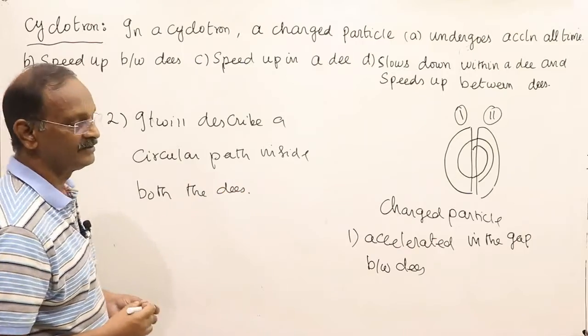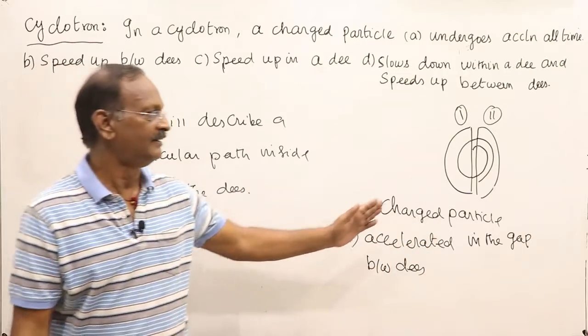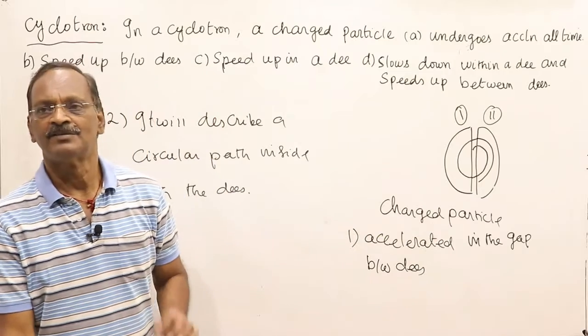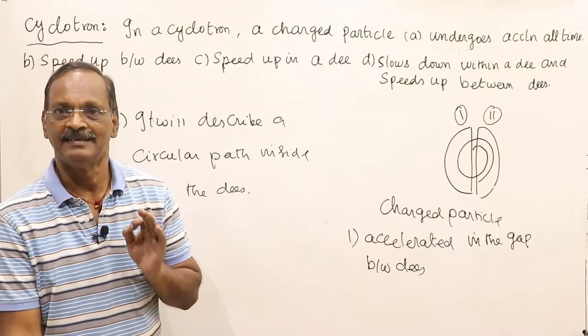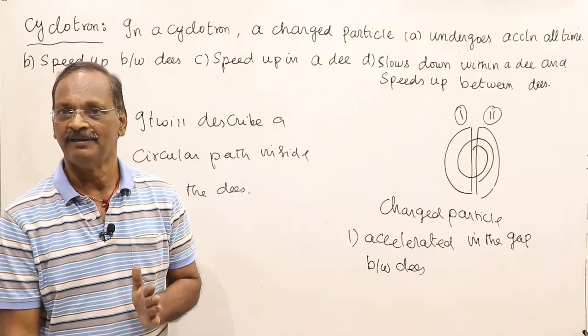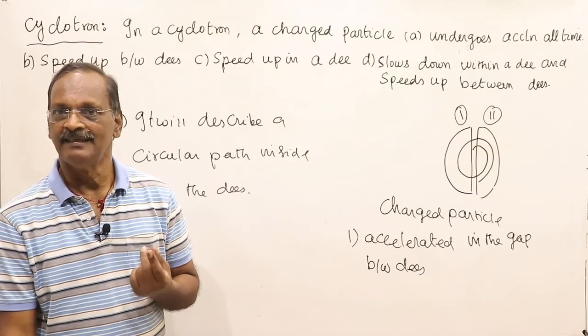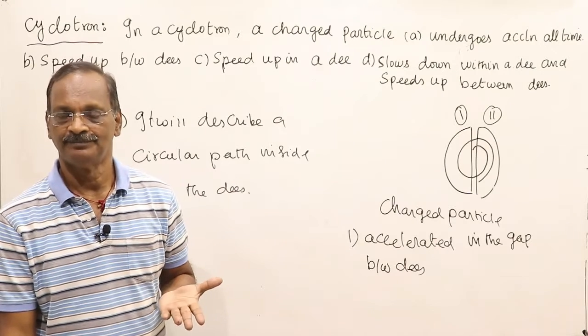So acceleration takes place only when the particle is in the gap. So we can say in a cyclotron, a charged particle is accelerated in the gap between the D's, and when it is inside the D, it describes a circular path.